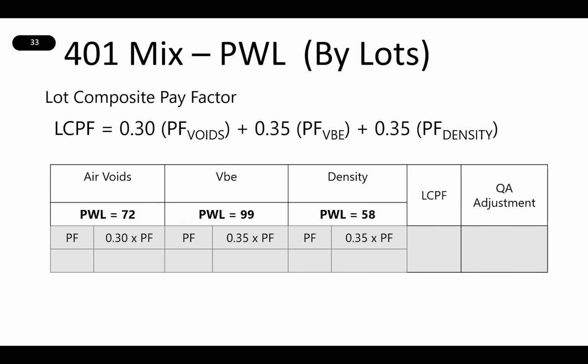So let's begin filling out the table. A PWL of 72 corresponds to 0.93 pay factor. Likewise, a PWL of 99 corresponds to 1.05. A PWL of 58 corresponds to 0.82.